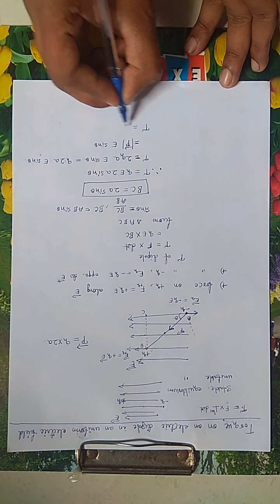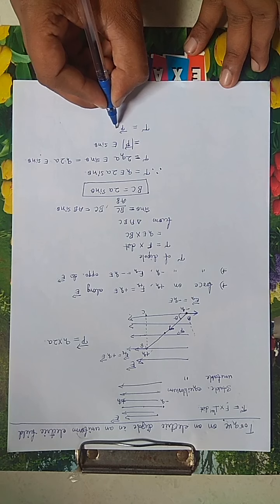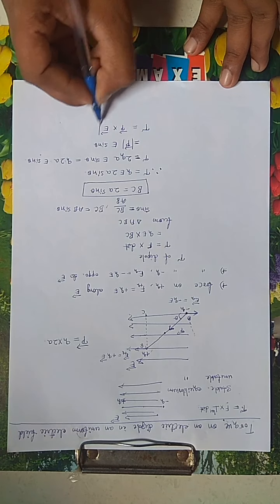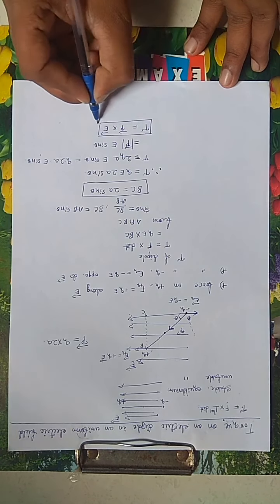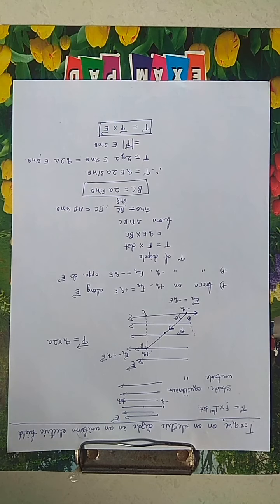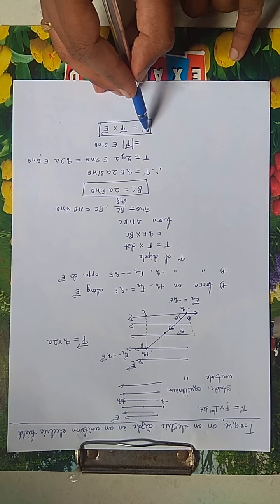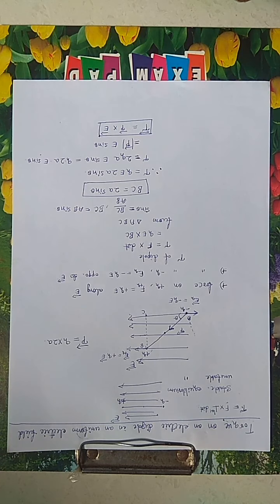So vectorially, tau equals P cross E. Keep in mind, torque is a cross product; torque is a vector. So this is the torque on an electric dipole in a uniform electric field, that is tau equals P cross E. Thank you, students.